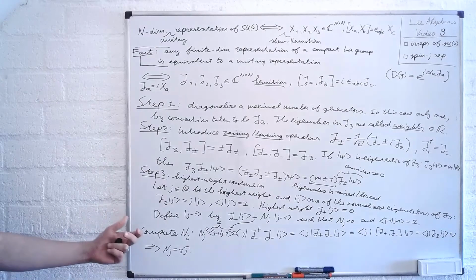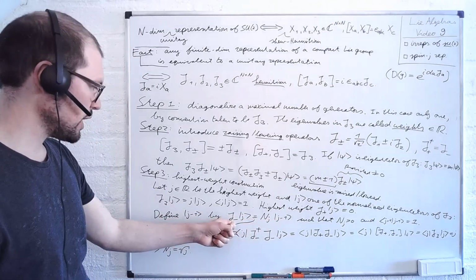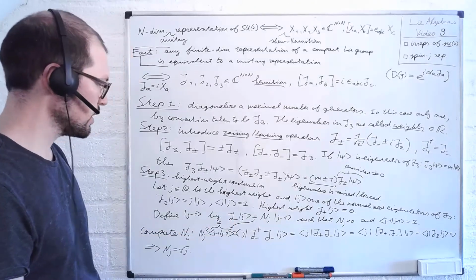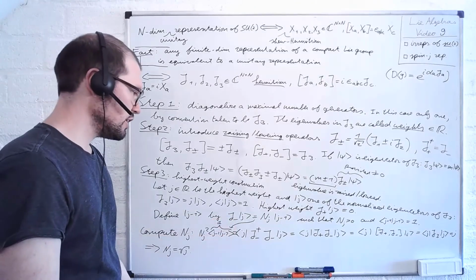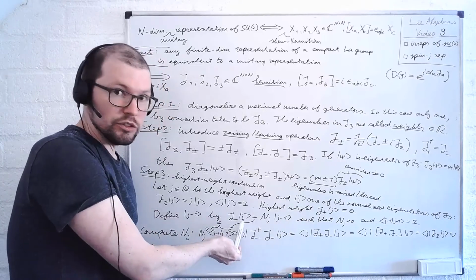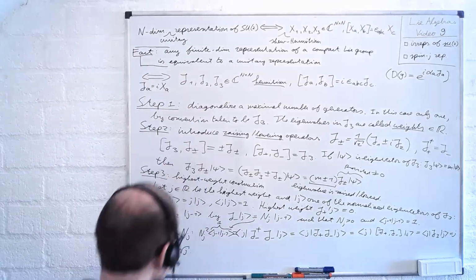So we now know how to go from |J> to |J minus 1> by acting with the lowering operator. Now what we expect is, if we raise |J minus 1> again, that we go back to |J>. So let's check that this is really the case.